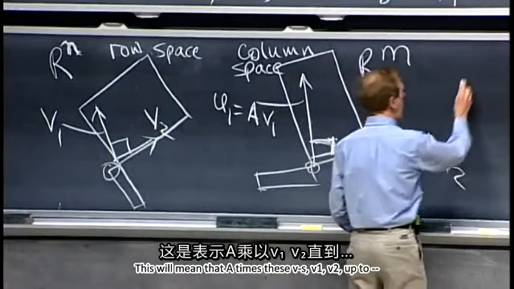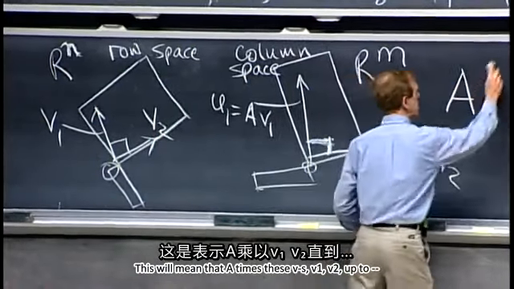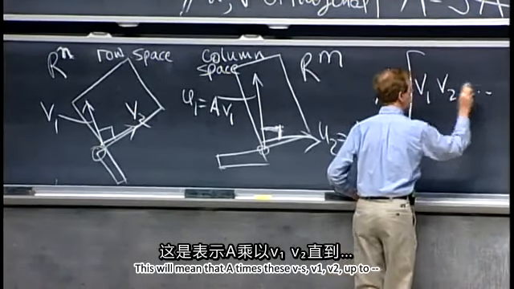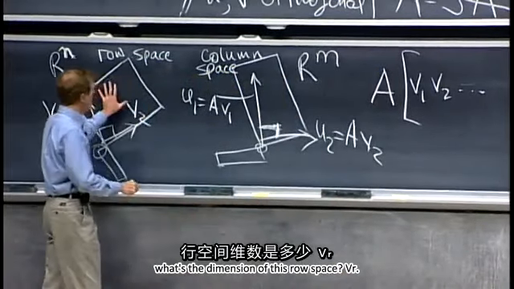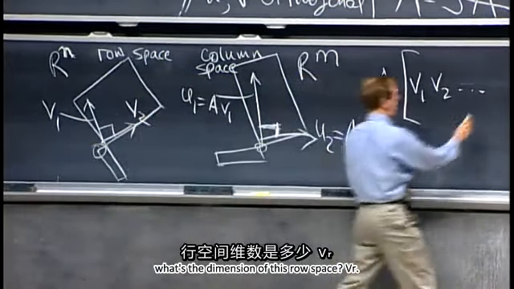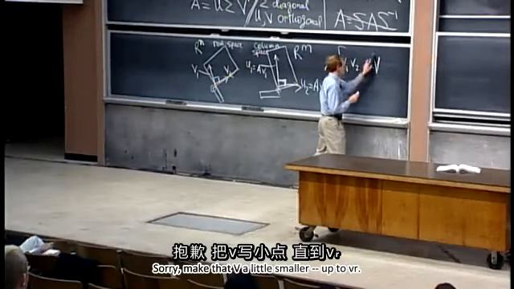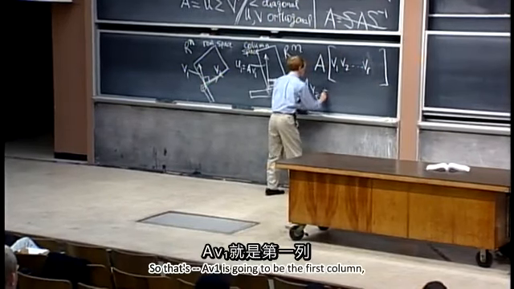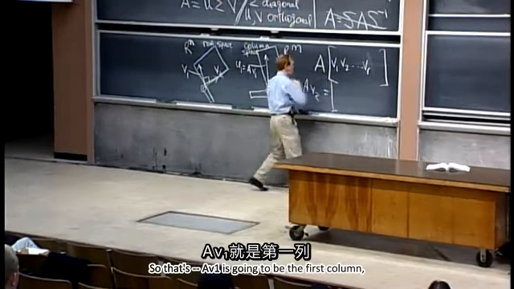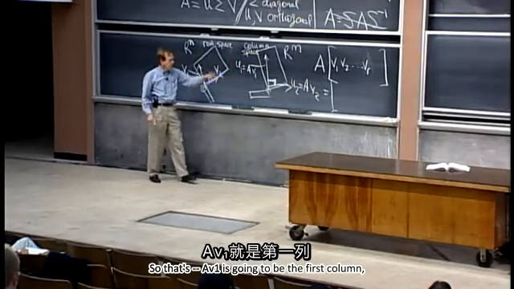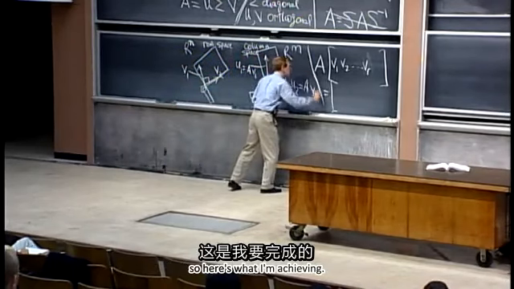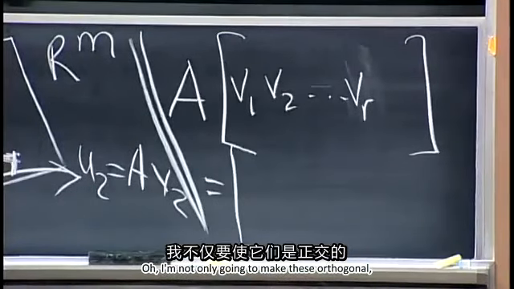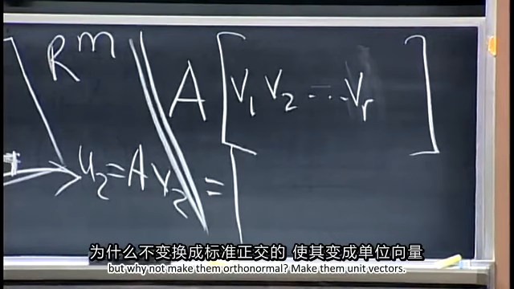This will mean that A times these V's, V1, V2, up to, what's the dimension of this row space? VR. Sorry, make that V a little smaller, up to VR. So AV1 is going to be the first column. Here's what I'm achieving. I'm not only going to make these orthogonal, but why not make them orthonormal?